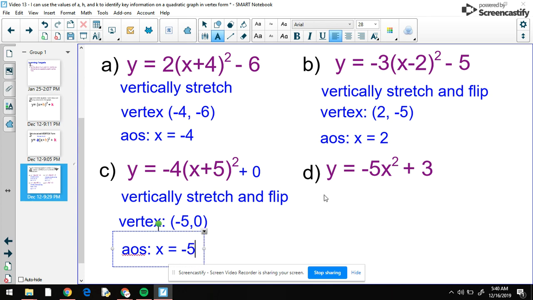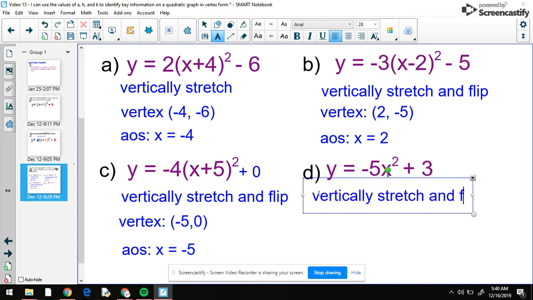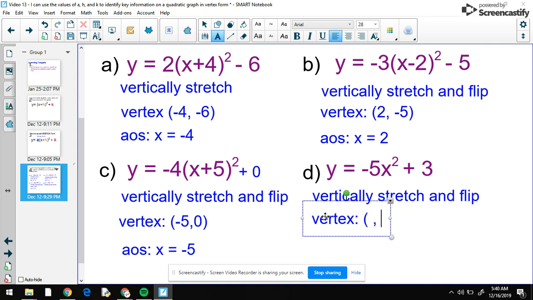And then finally here, our last one, our a value is telling us this graph is going to vertically stretch and flip. And then notice I need to find my vertex, and my vertex is the opposite of h, comma, k. Well, I can see that k out here is outside the parentheses, so that is 3. But what's tricky to me here is that we don't have a value in the parentheses with x, so it's really hard for me to see what h actually is because it needs to be in the parentheses being squared.